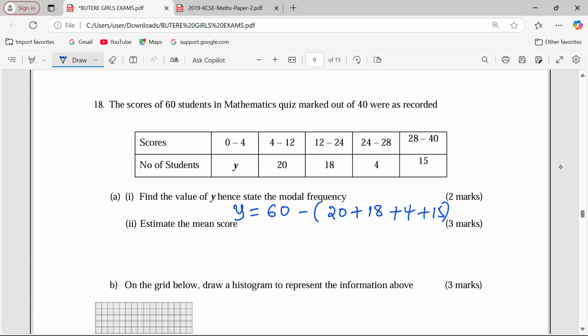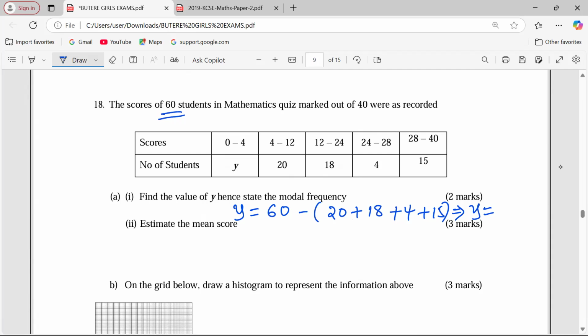The sum of the number of students is supposed to give us 60. So the remaining here should be the difference of total students, because it has already been given in the statement. We take 60 and subtract 20 plus 18 plus 4 plus 15.